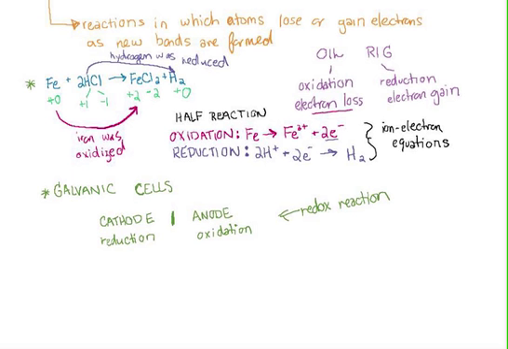And we already know that when we say something is reduced, what we really mean is that we've got electrons gained. We're gaining electrons. And when we say something's oxidized, we mean we are losing electrons.